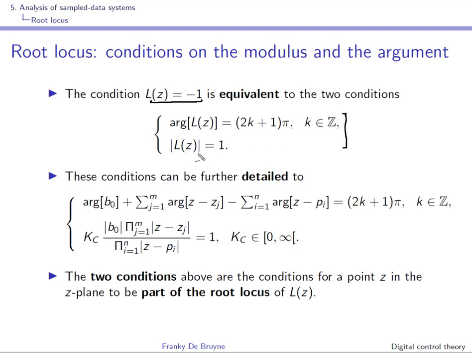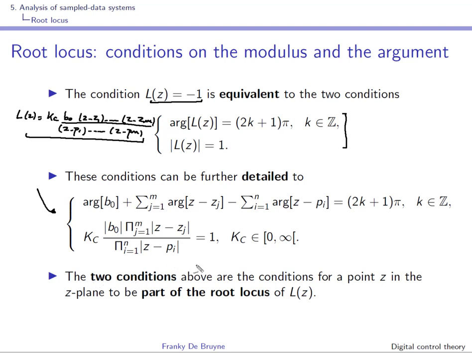This can be further detailed if you remember that L(Z) is Kc B0 times (Z minus Z1) up to (Z minus Zm) over (Z minus P1) up to (Z minus Pn). So if you take this and compute what it will give when L is described as follows, this is what you obtain. These are the conditions that you've seen in last year's course, Fundamentals of Control Theory.